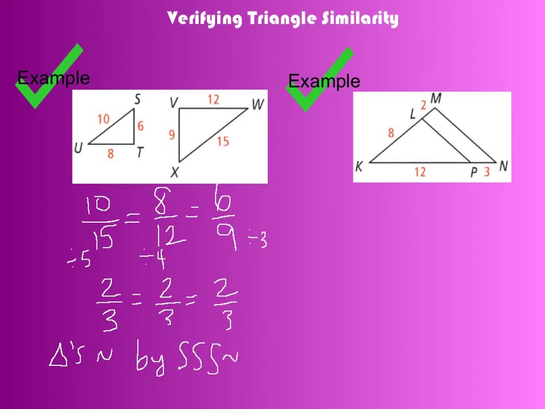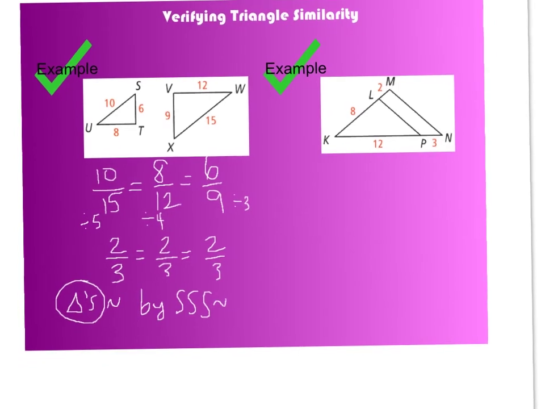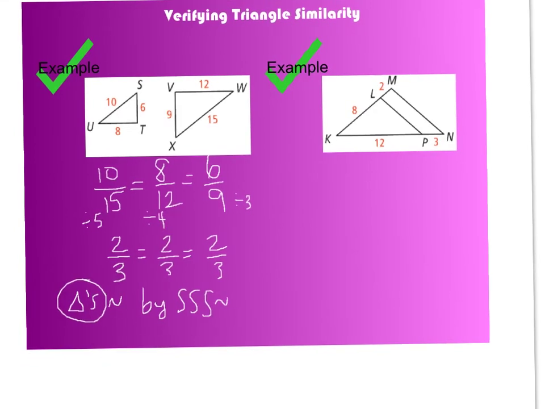Now we're definitely going to want to get more specific than just triangles. I actually have to put which triangles are similar. So let me shrink this just a tad here. So instead of just putting triangles, I'm going to write the names of the triangles. So triangle, and I have to do this in a very special way.